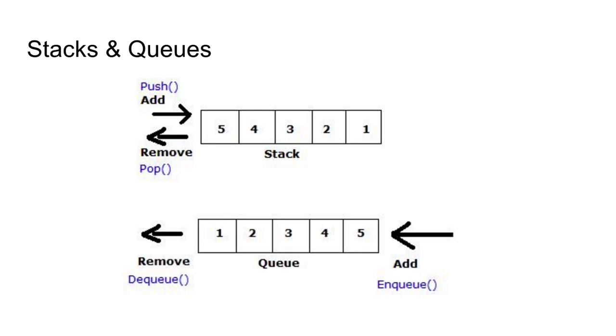A queue is essentially the opposite of a stack. Rather than removing the newest item with the LIFO or last in, first out approach, it removes the oldest item. It is said to be first in, first out, or FIFO, since the first item you add will be the first one to be removed.